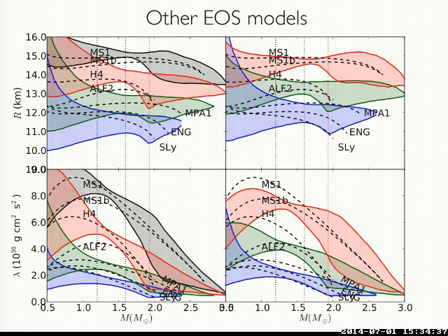For the tidal parameter, the error is always smallest between 1.2 and 1.6 solar masses. That's where the actual data was from. The errors expand at higher and lower masses because you're not actually measuring that density region in your neutron star.